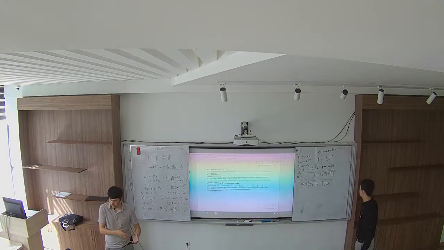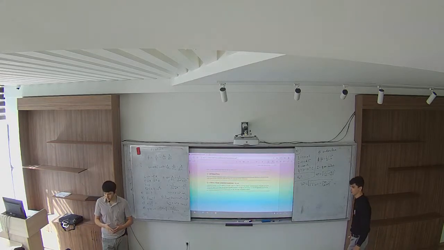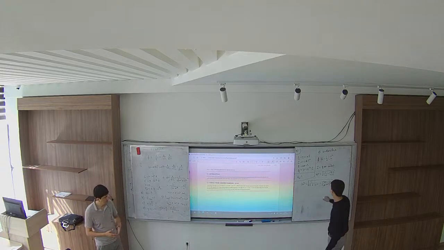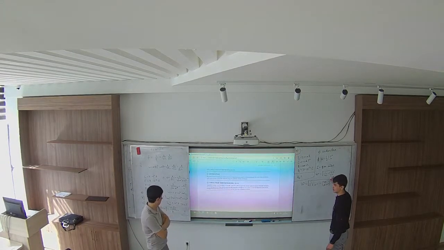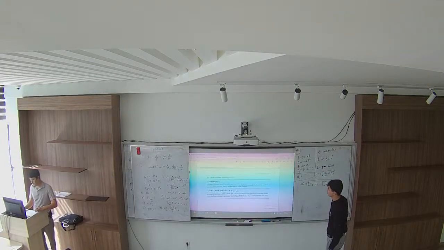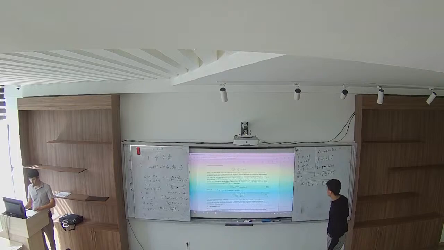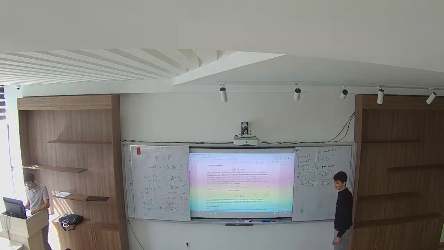So we have 2L, and 1 over LC minus R squared.